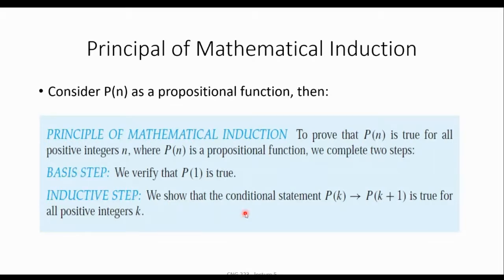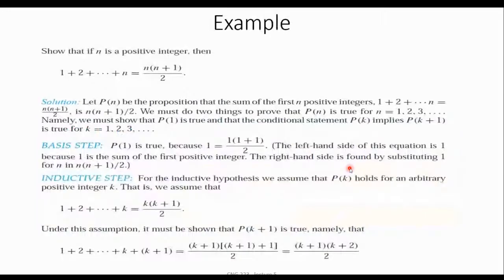We show that the conditional statement Pk implies Pk plus 1 is true for all positive integers k. If we can prove that, then it shows that I can reach any step in my problem. So let me give you some examples. We will also practice it through the weekly assignment for sure, and let me talk about it even more later.